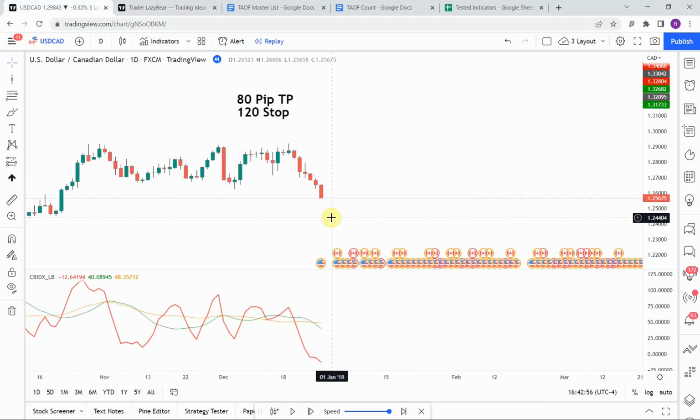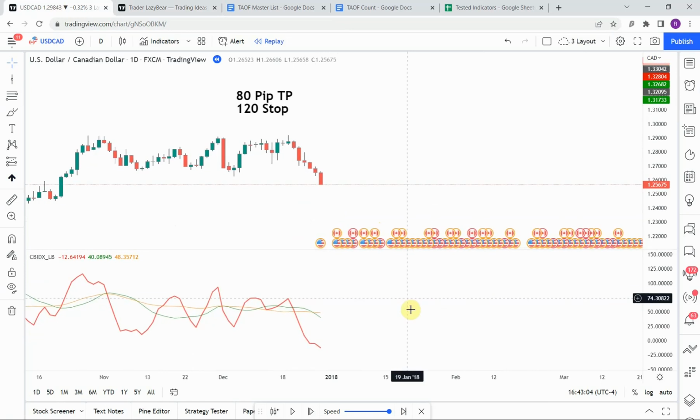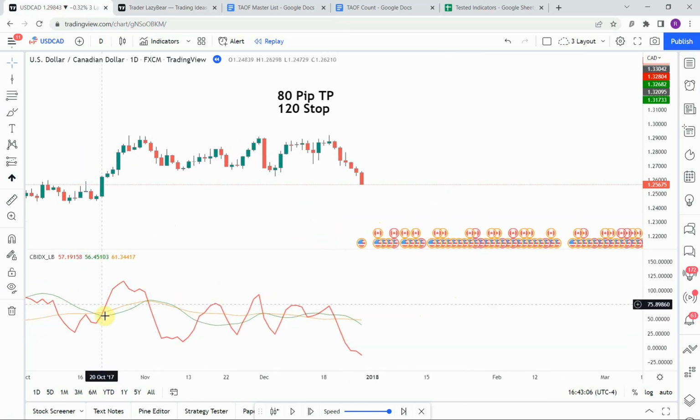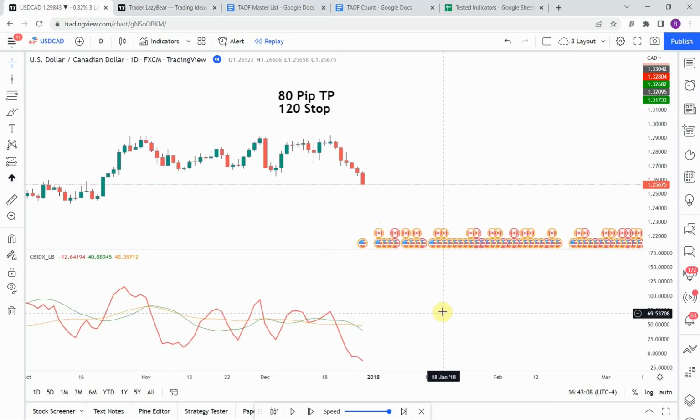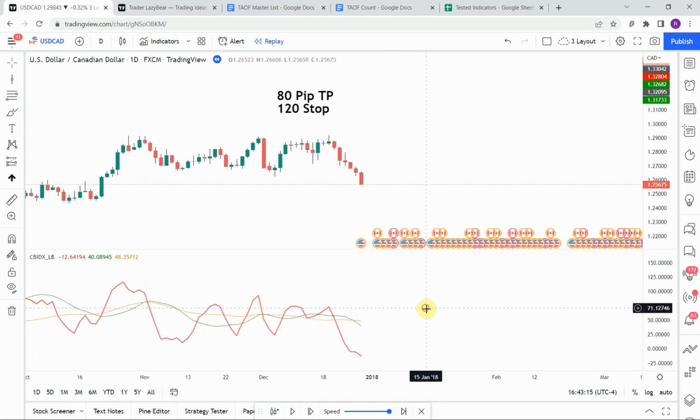Okay, so today's indicator is the Constance Brown Composite Index indicator. You can see it here on the bottom of the screen, and it consists of a few different oscillating lines. We have this main red line here, oscillating through the screen around these other two, a green and orange colored oscillating line.